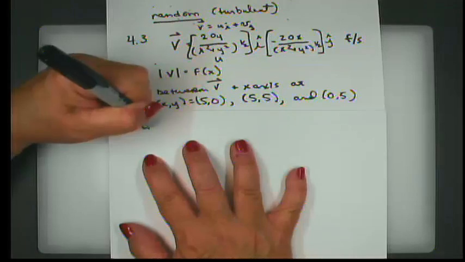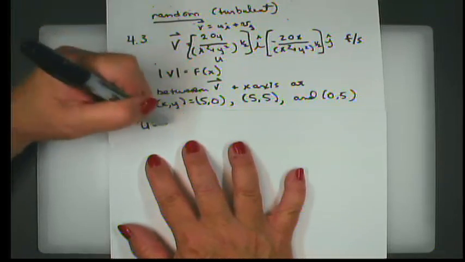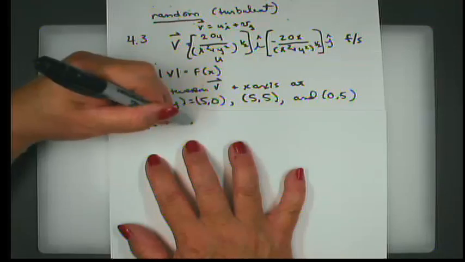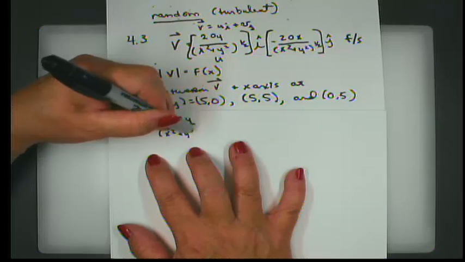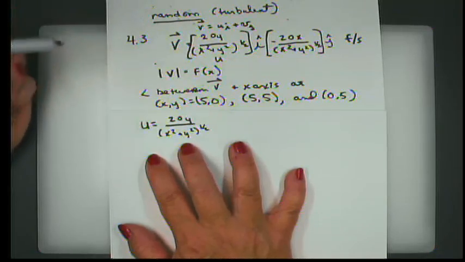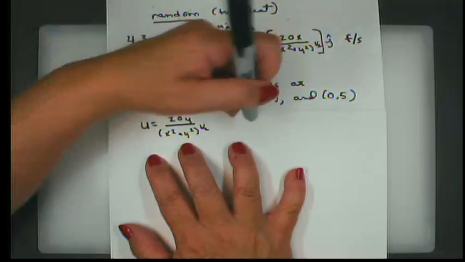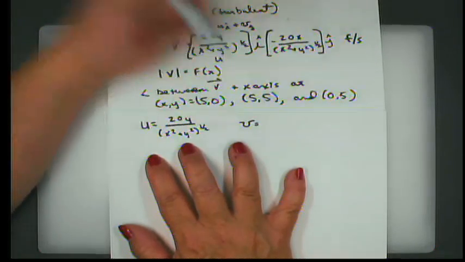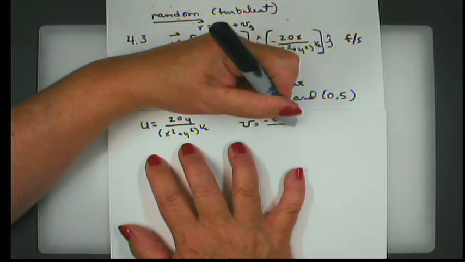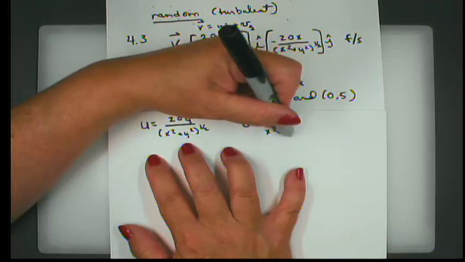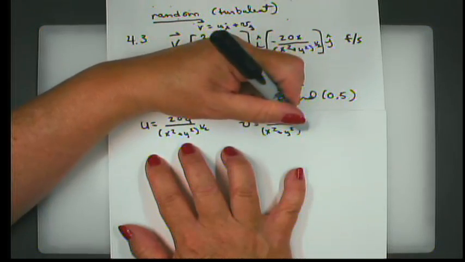Little u then is 20y over (x squared plus y squared) to the 1/2, and we're told that's in feet per second. Little v is negative 20x over (x squared plus y squared) to the 1/2.